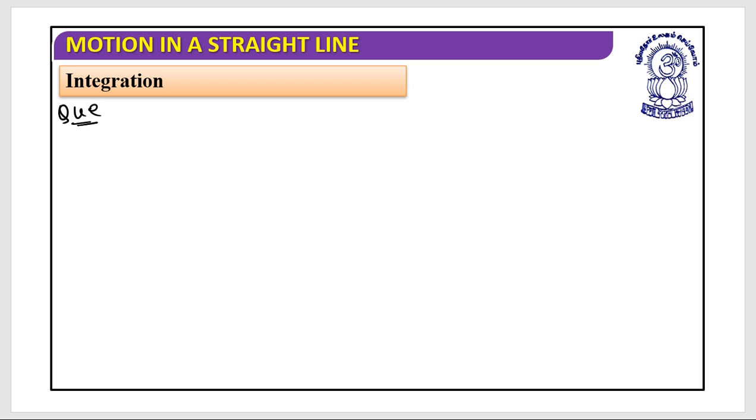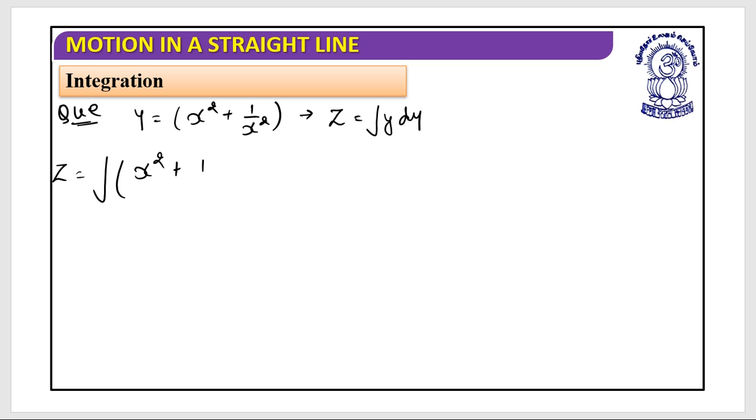Have your pen and paper with you, please, and do this with me. Let's say y is equal to x square plus 1 by x square, and you require z is equal to integration of y dx. Let's put in the value of y: integration of x square plus 1 by x square dx.